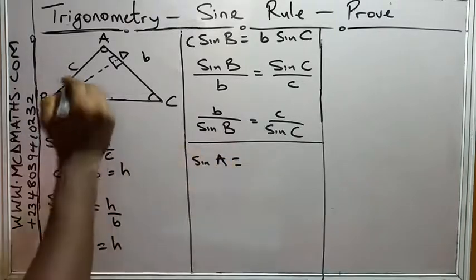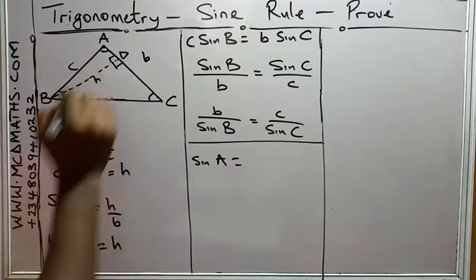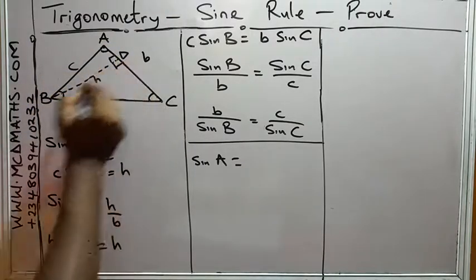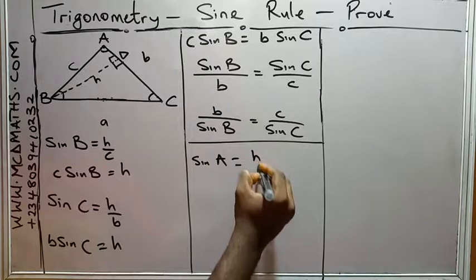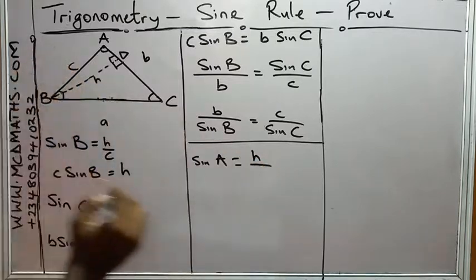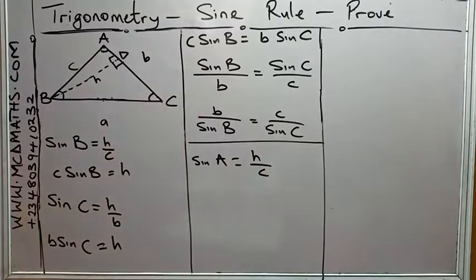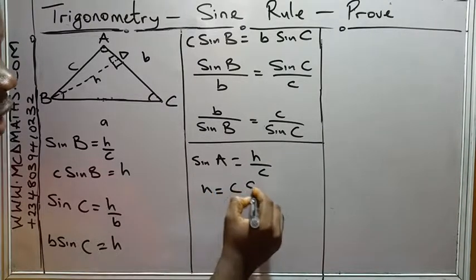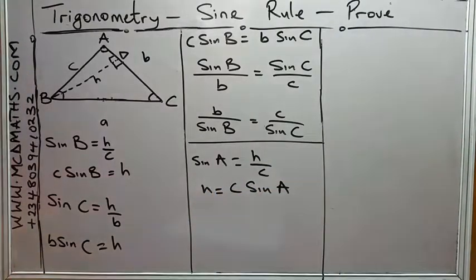Sine A will give us the opposite, which is the new height H, over hypotenuse, which is C. So that means H equals C sine A.